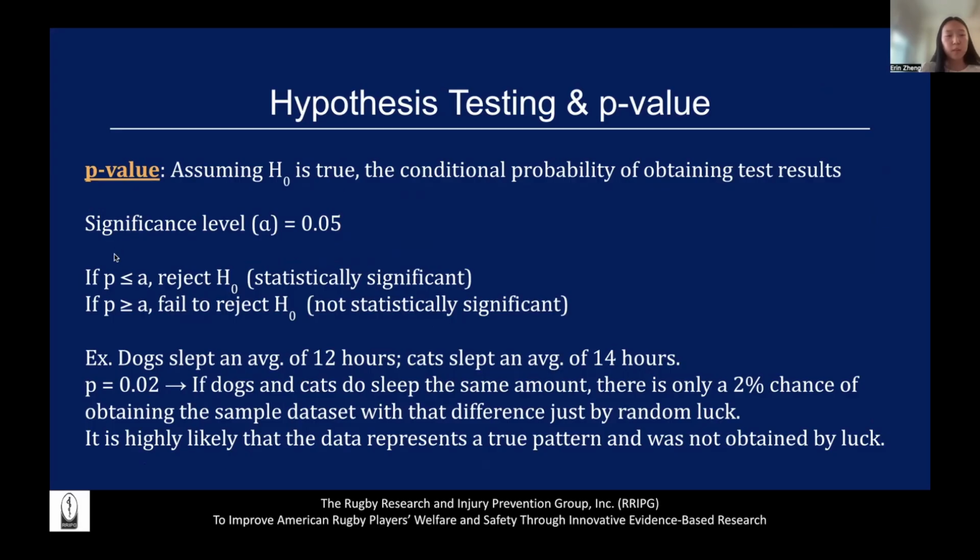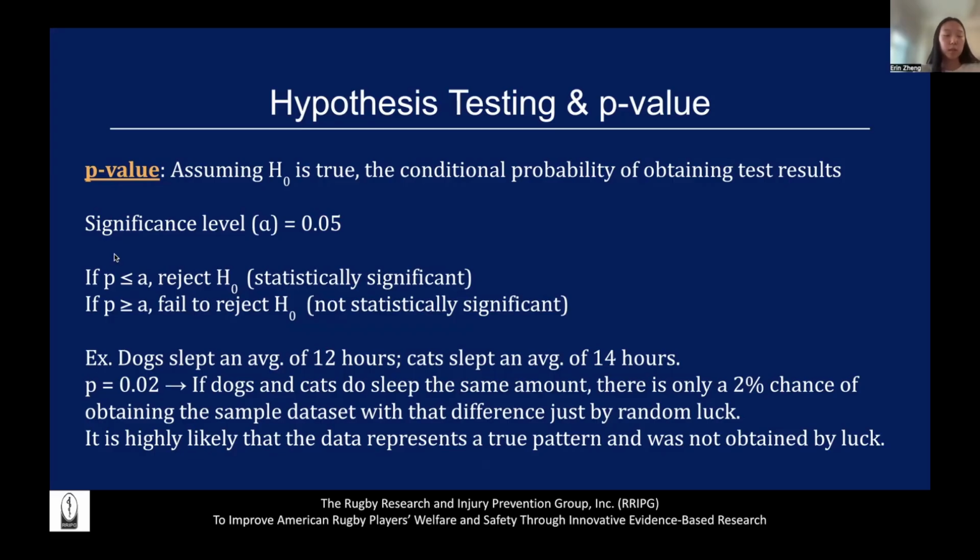So if the p-value is less than 0.05, then we would reject the null hypothesis because it would appear that the alternative hypothesis is statistically significant, which means that it's highly unlikely to have happened by chance, and otherwise you would fail to reject the null hypothesis.